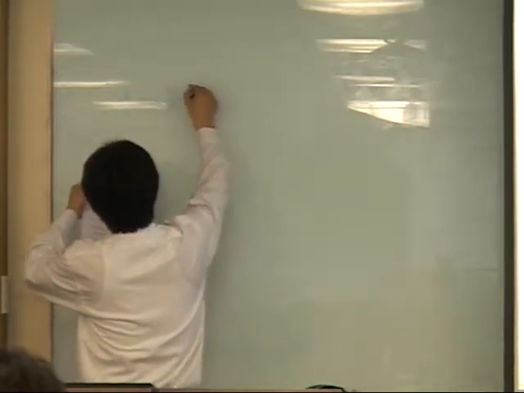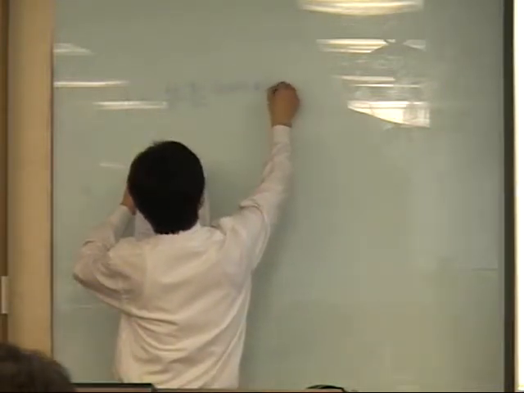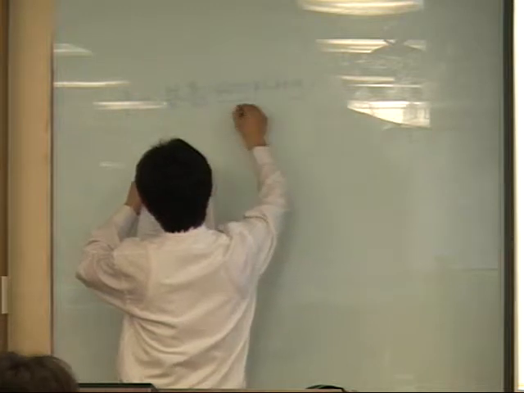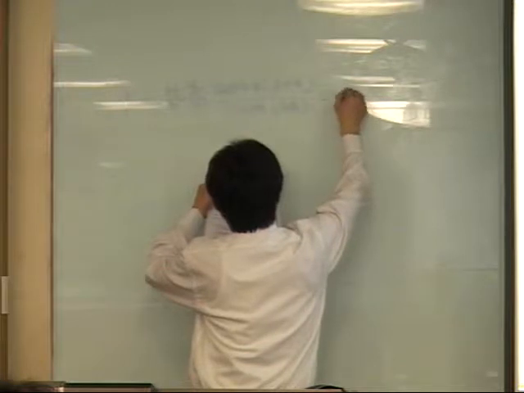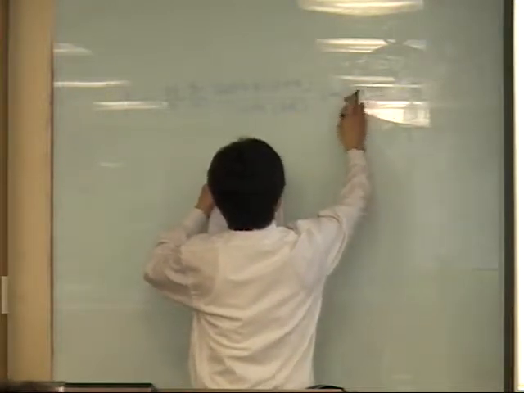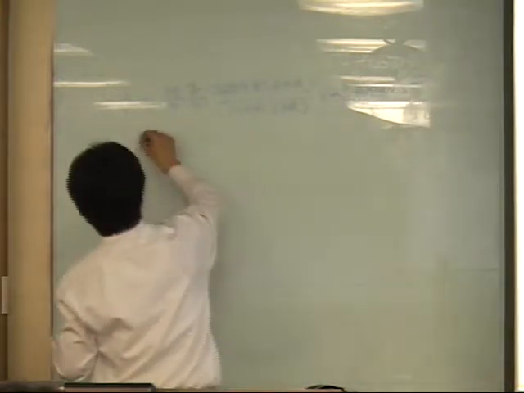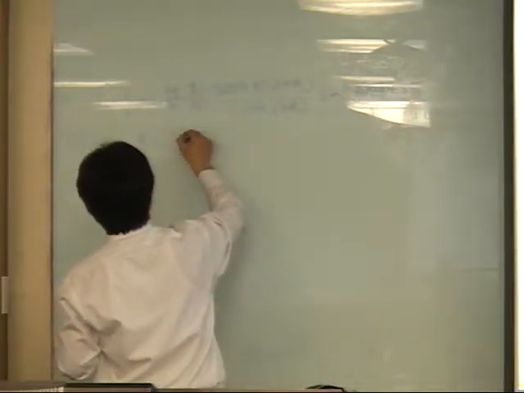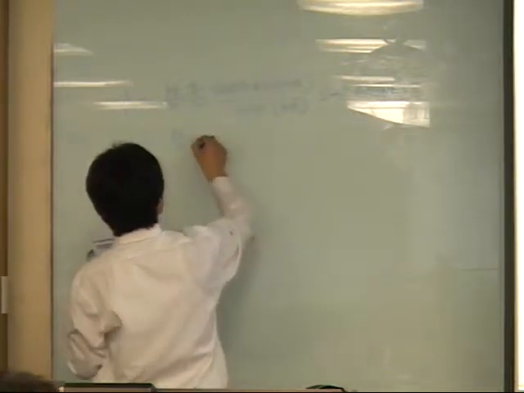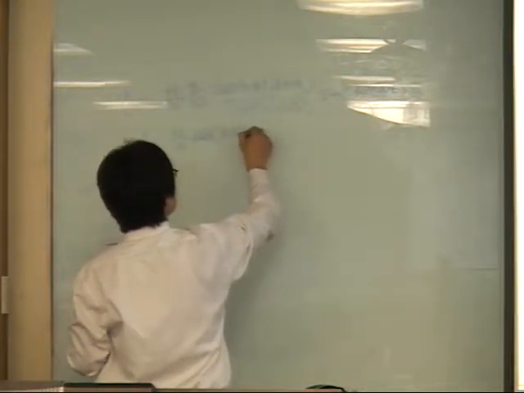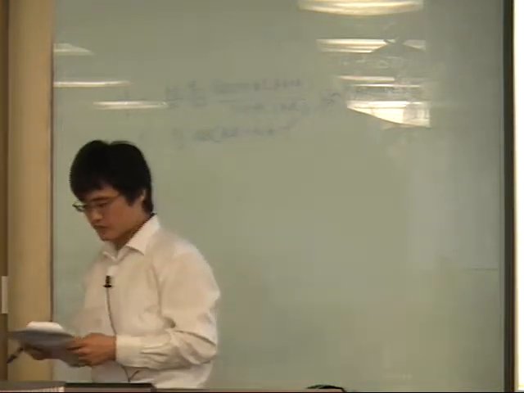H over 2, g over omega, cosh of k(z plus d), cosine of kx minus omega t, and also the surface is H over 2, I think it's cosine, so it's 90 degrees out of phase.